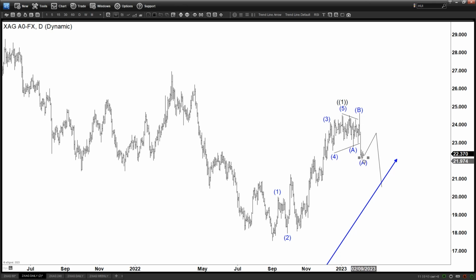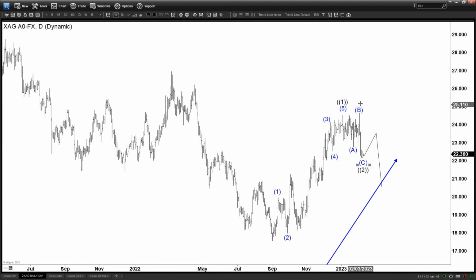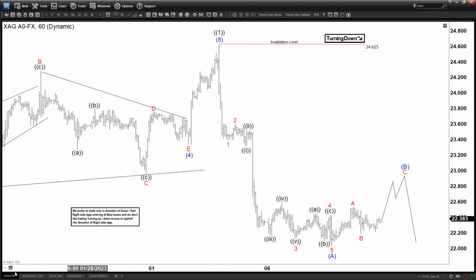If we are actually doing an expanded flat correction, then we could have finished here, your wave 2, and then we just continue to go higher. So just because we have a 5 wave move down, that doesn't guarantee we have to have another 5 waves down. And if it is doing an expanded flat, then it is possible we don't get another 5 waves down in the C, and we just continue to rally.